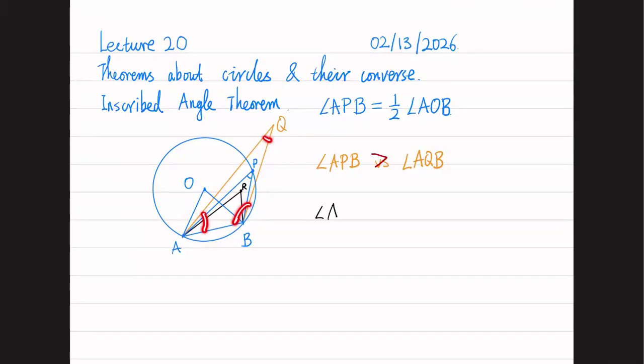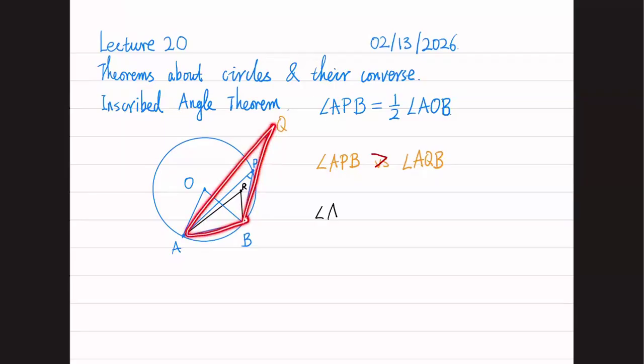AQB. If we add these three angles, this is the triangle. What's the sum of three interior angles? This triangle, AQP, AQB.